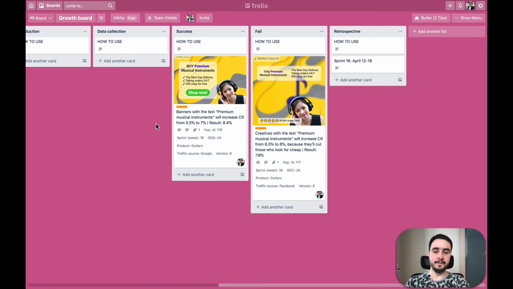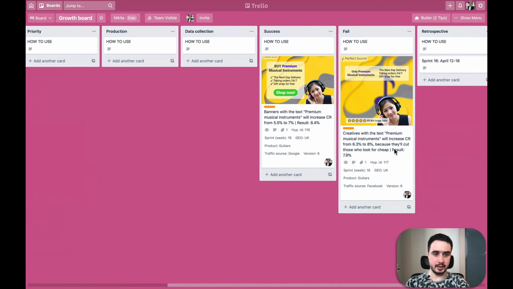That's why you will put such a card into fail, and in the next sprint you understand that you won't be able to get such a big conversion rate, and probably your goal, your aim will be lower, more reasonable. So this is how these things work.